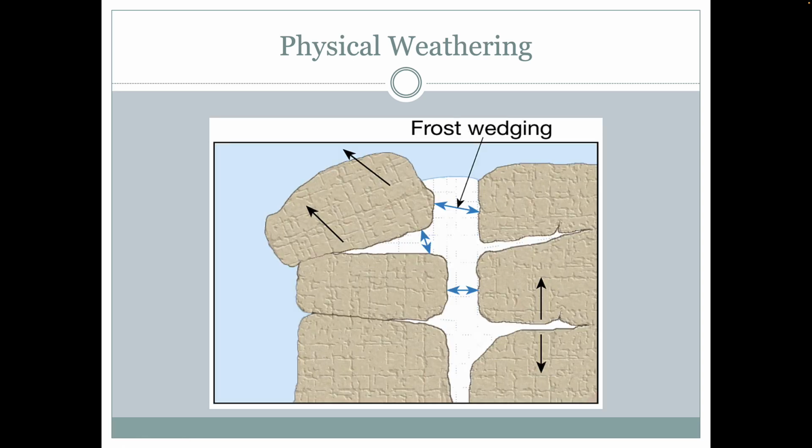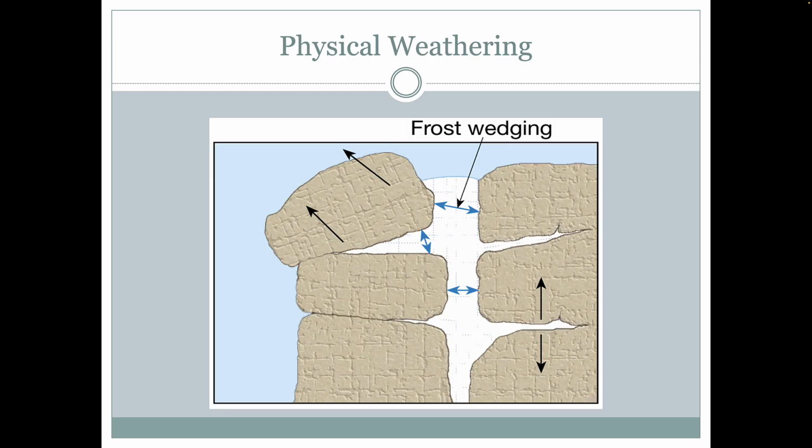One thing that can happen is water can get in there and then it can freeze. And if water gets into joints and then freezes, it can cause this to occur. If you ever made a tray of ice cubes and filled it to the top, you might have noticed afterwards the ice actually goes higher than the top of the ice cube tray because ice expands when it freezes.